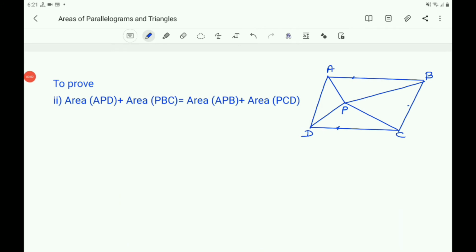Now to prove the second one, that is, area of triangle APD plus area of triangle PBC equals area of triangle APB plus area of triangle PCD. Here we got that area of triangle APB plus area of triangle PDC is half the area of the parallelogram ABCD.